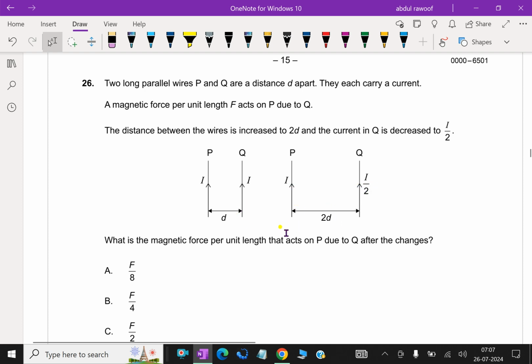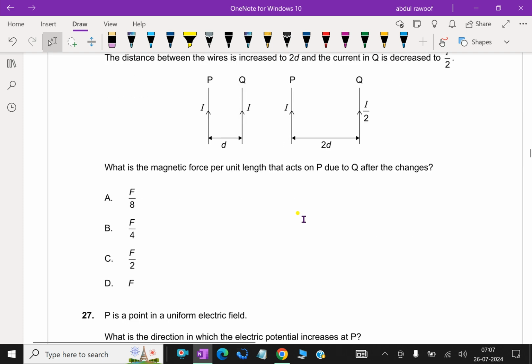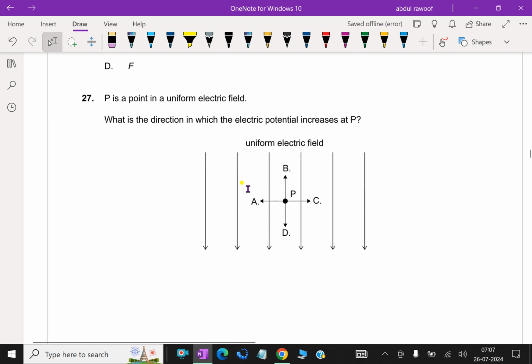So the distance is 2, it means it reduces 2 times, but the current is I by 2, so another 2 times reduced. Totally 4 times reduced. F by 4. That is option B.